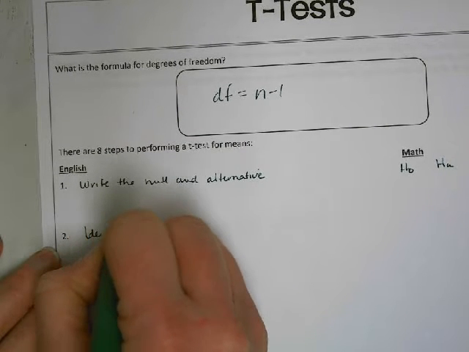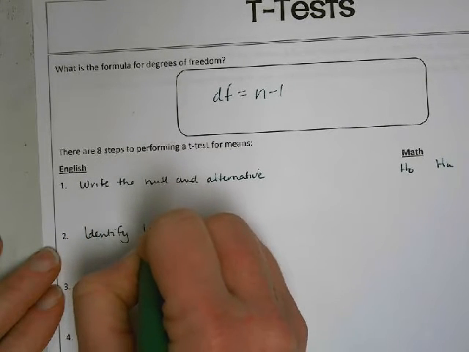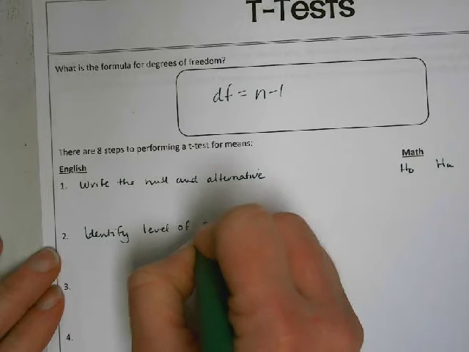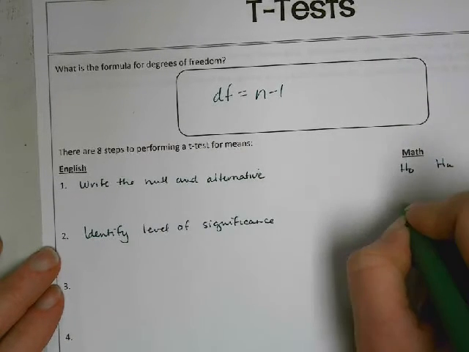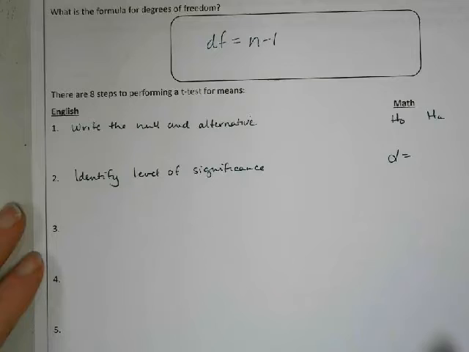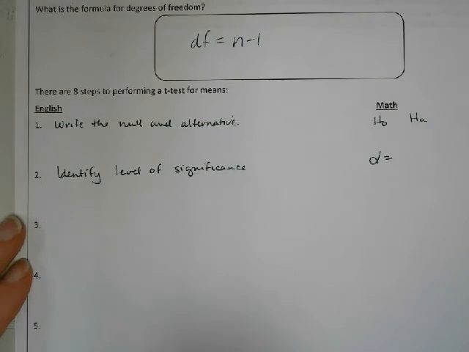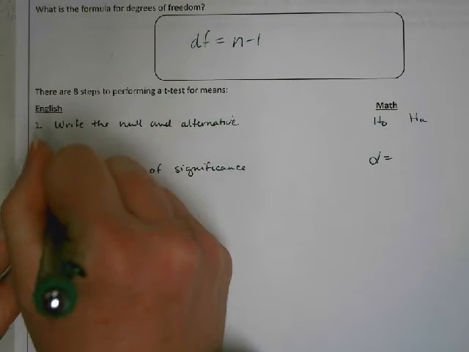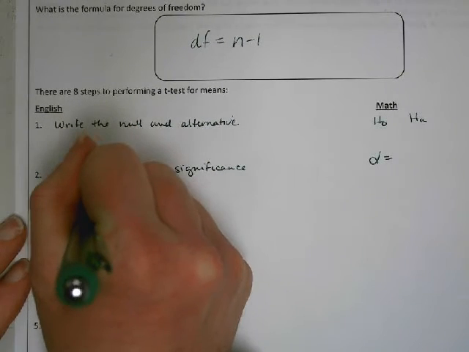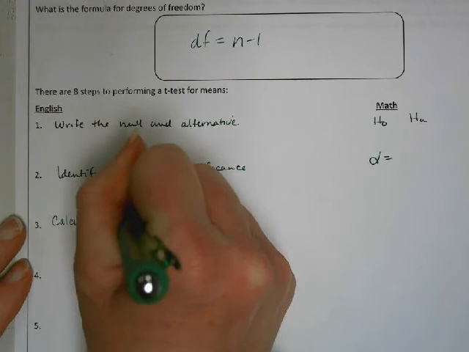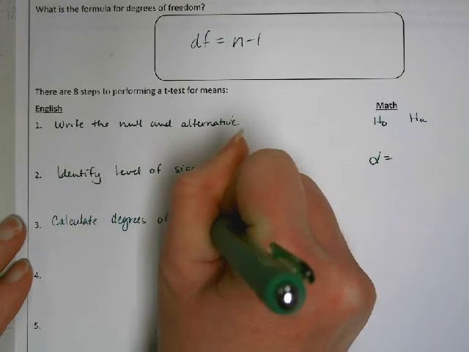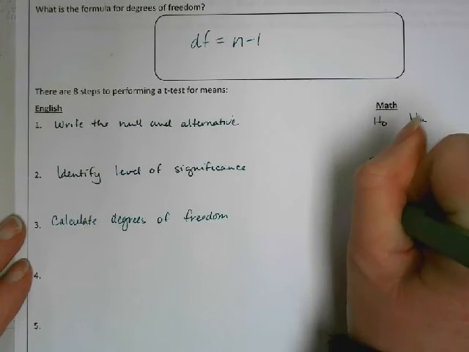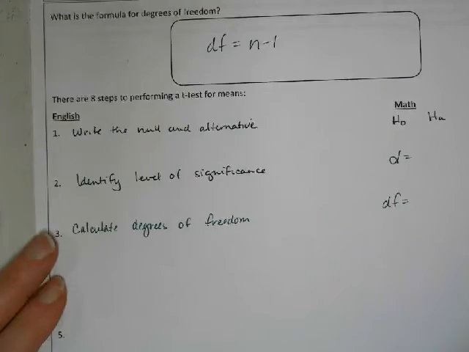Identify level of significance. Alpha equals. Calculate degrees of freedom. df equals n minus 1.